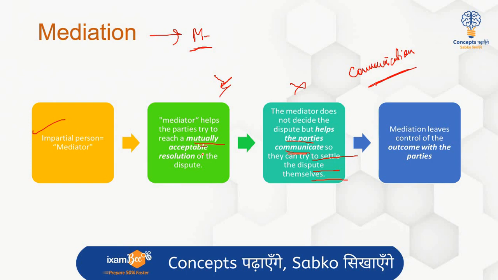So the mediator tries to help them with some mutually acceptable resolution of disputes. Obviously, he suggests them, and the mediation ultimate control of the outcome is resting with the parties and not with the mediator. He is just acting as a communication channel between both of them. This is what is the concept.